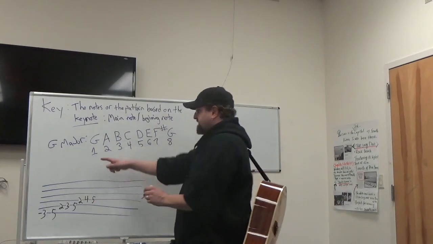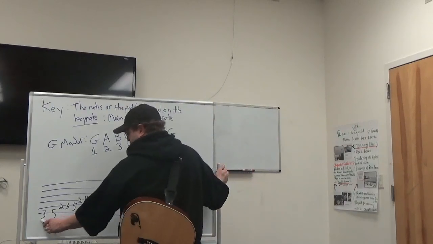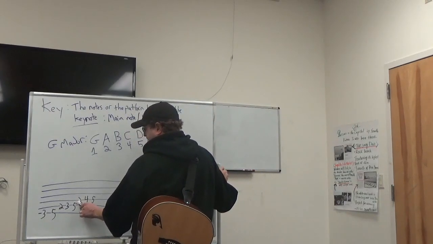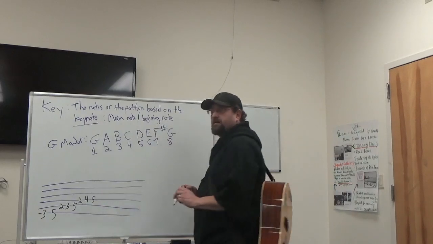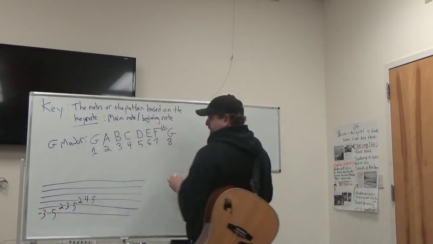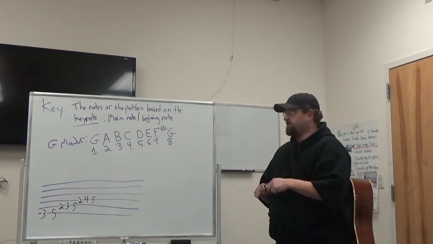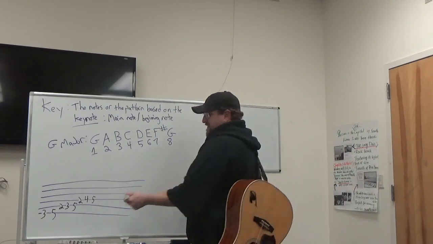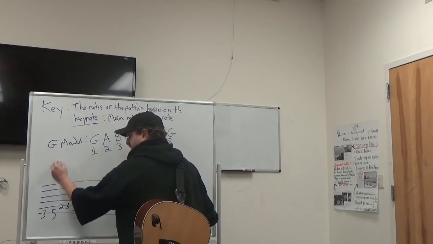Okay? And that's this: G, A, B, C, D, E, F sharp, G. Again, okay? So it literally is going to follow this order here. So we can play that. This is our G major scale. So this is the pattern for the G major.